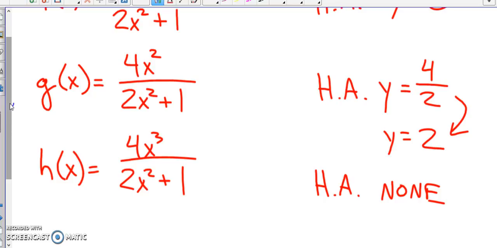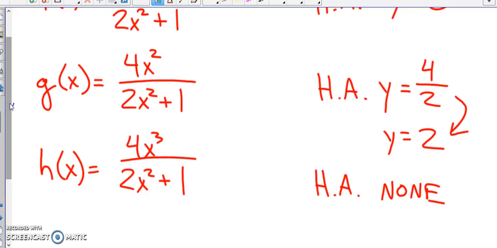What happens is, if the degree of the numerator is 1 bigger than the degree of the denominator, then you get what's called a slant asymptote. It's an asymptote that's not vertical, it's not horizontal, but it's slanted. And how you find it is you actually do the division.